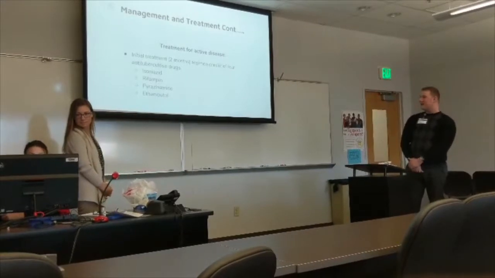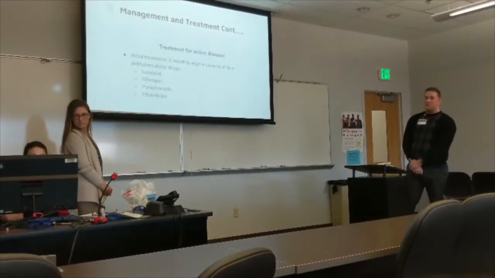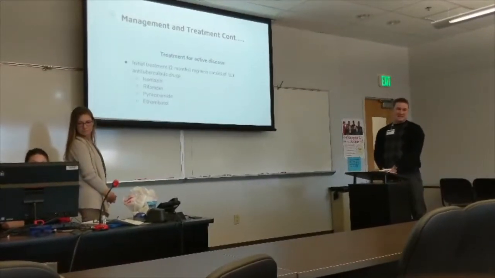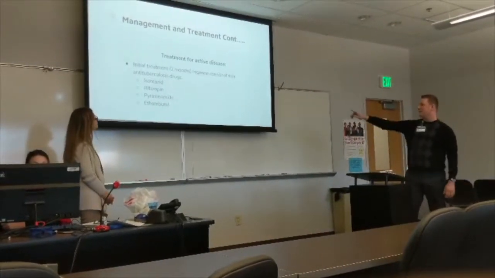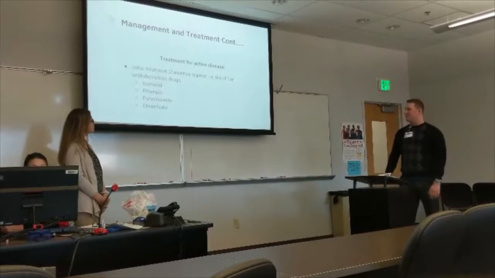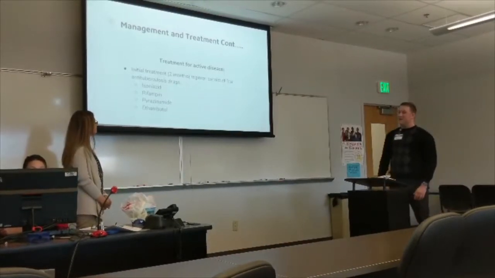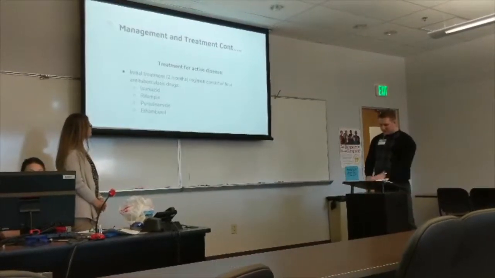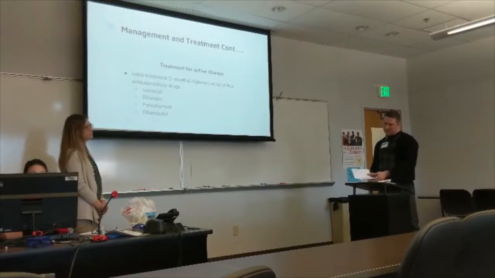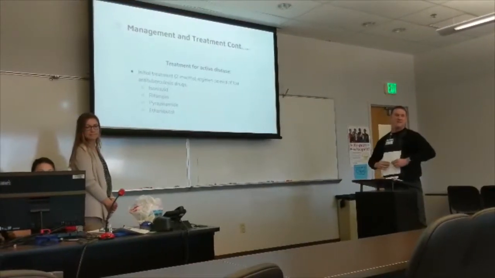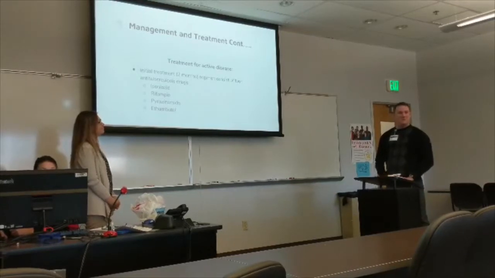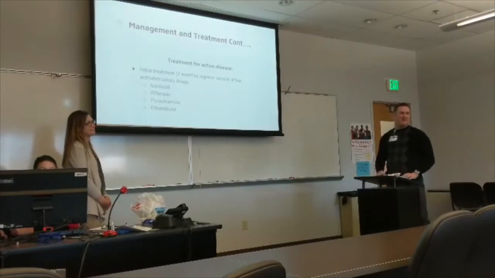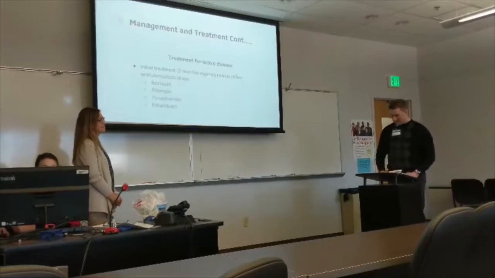Okay, so treatment for active disease. Total treatment time is 180 days, or about 6 months. The first 2 months consists of these 4 different antimicrobial drugs. You might wonder why they have to have 4 different. It's because Mycobacterium tuberculosis is a very intelligent little bacteria, and it knows how to mutate and make itself more resistant very quickly.